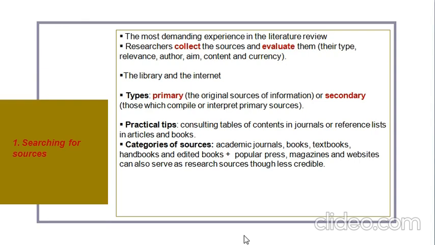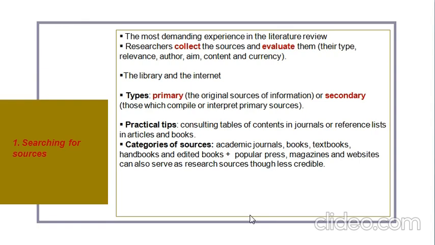Another point which helps in selecting the sources is the author. The focus should be placed on renowned authors most of the time, as well as the aim of each source. The content also matters, and the currency, whether the source is new or old. Where can we find the sources?